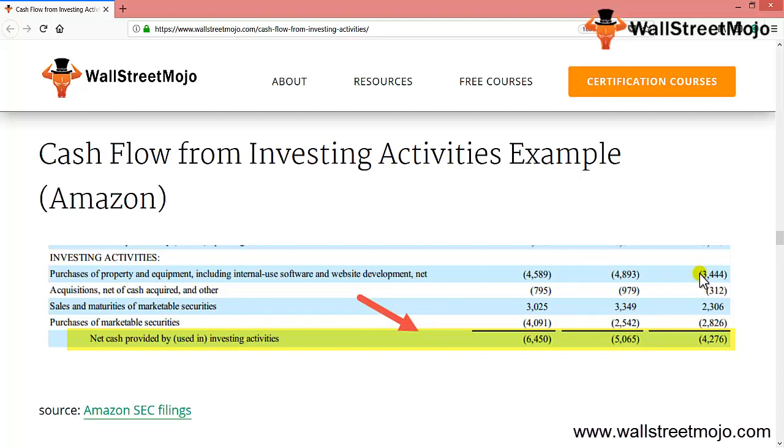Amazon's cash outflow for this was $4,590 billion and 4,893 billion in 2015 and 2014 respectively. You should be mindful that the expenses under this head can be a great indication of where the company is heading. The quality of the capex is to be determined by reading the management discussion and analysis, MD&A, which will provide great insight on where the company is planning to go for the next few years.